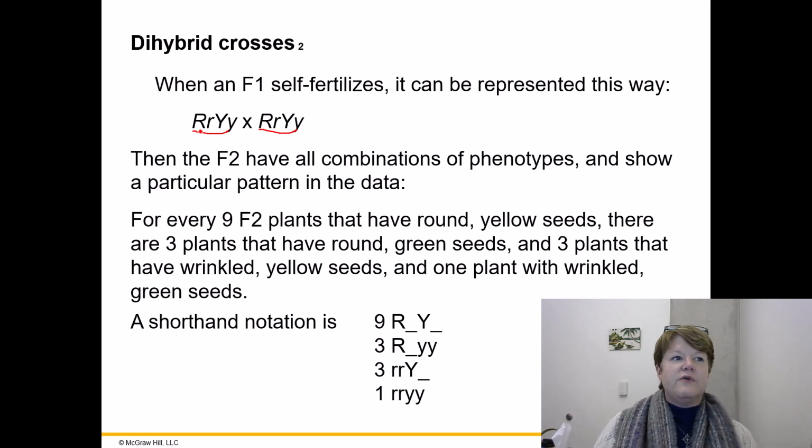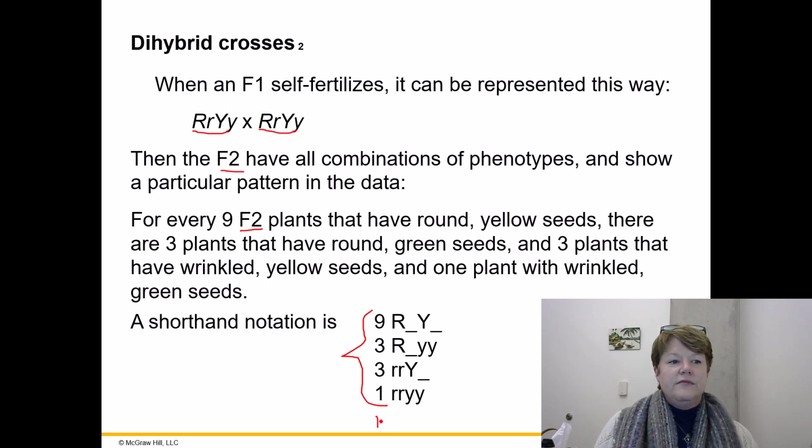It can be represented this way: big R, little r, big Y, little y, cross to big R, little r, big Y, little y. And I'm going to show you the Punnett square, but you can basically get all kinds of combinations in the offspring, which are the F2 offspring. And the F2 plants then will fall into this pattern.